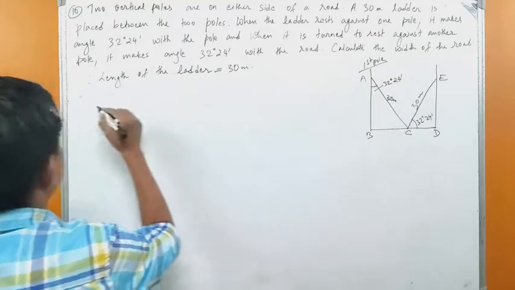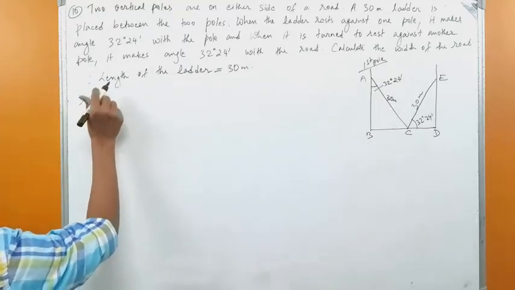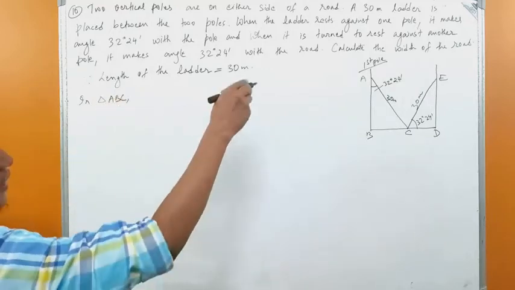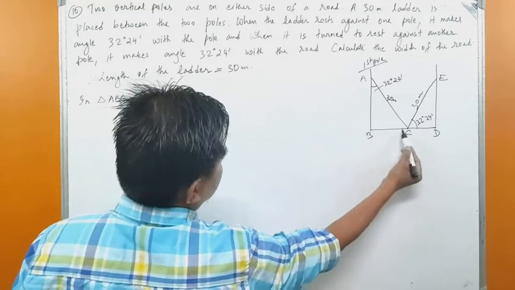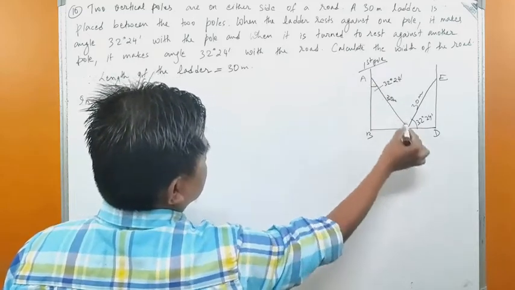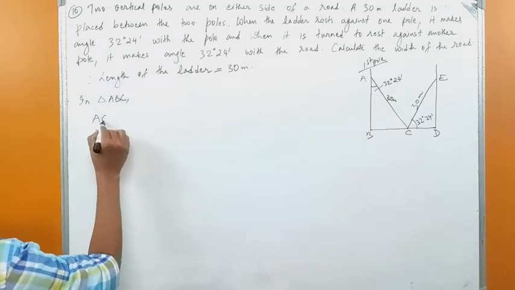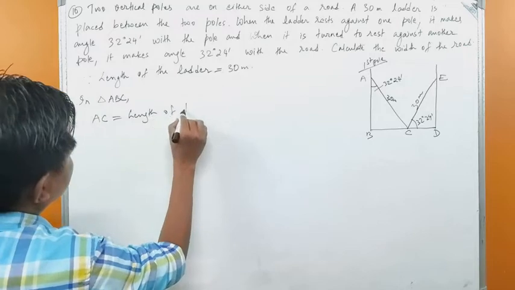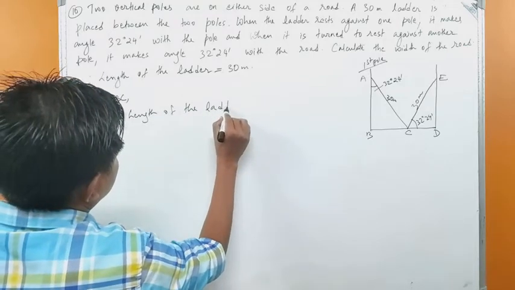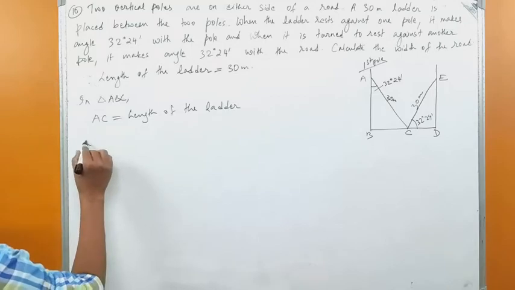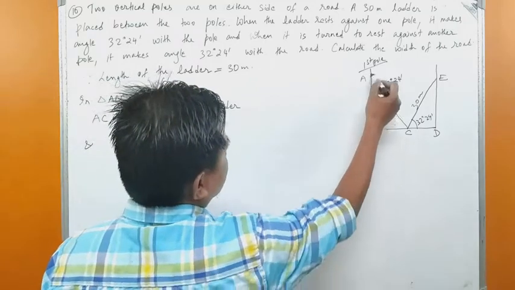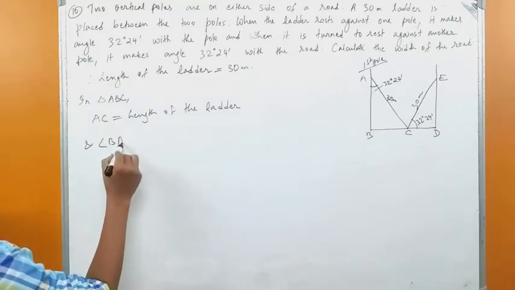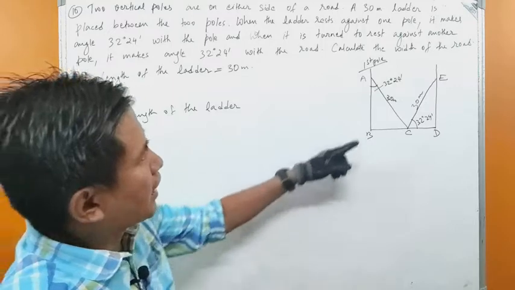In triangle ABC, we have BC and AC. AC is the length of the ladder, and this angle is given to us, angle BAC, because the ladder makes an angle with the pole.